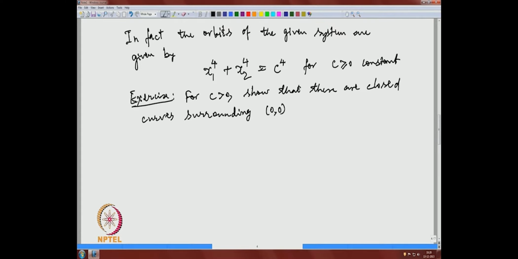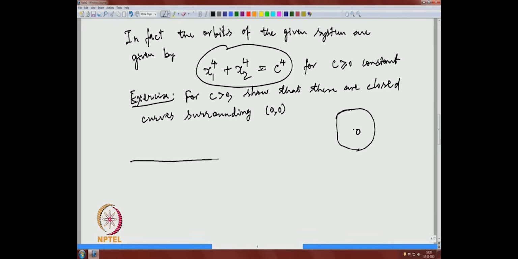If you are familiar with MATLAB or Mathematica, you can also use it to draw these curves for different values of C. It is not exactly a circle, but you can see that they are all concentric once again just like circles, but something different from that.